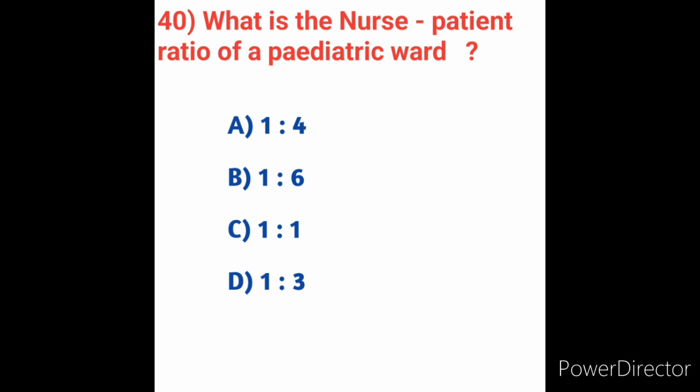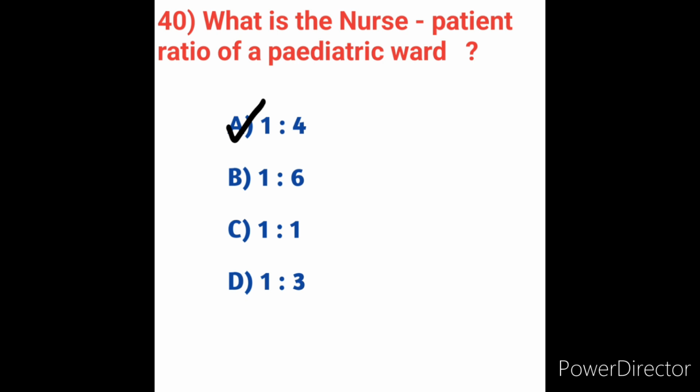These are recommendations by a National Nurses United report, but nowadays the ratio can fall to one nursing staff for every 6 beds. But according to National Nurses United reports, the nurse patient ratio of a pediatric ward is 1:4. Option A is the correct answer here.